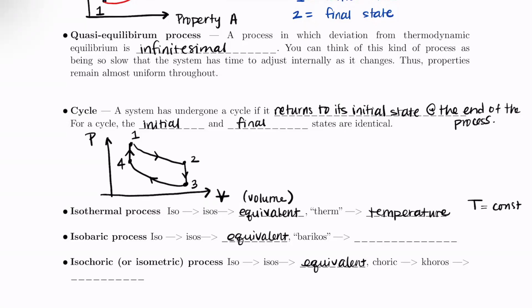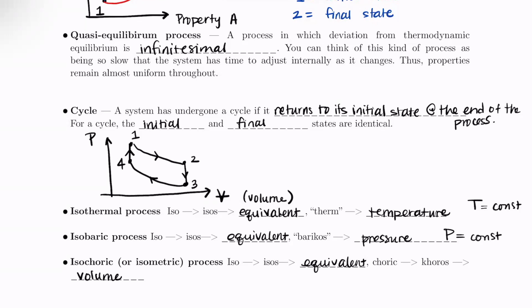For isobaric processes, baros is the root word involved in this, and that means pressure. It's also why we call a pressure measurement device a barometer. So it's the same root word for that one. So similarly, this means that throughout this process, our pressure is going to be held constant. All right, and then for an isochoric or isometric process, choros is a root word that means volume or space.